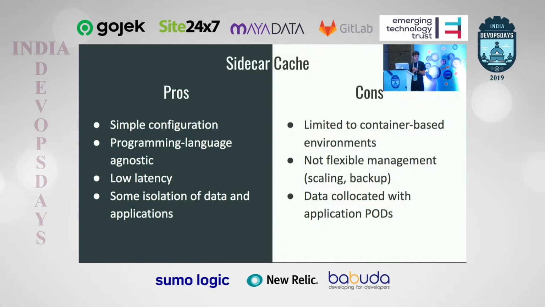From the downsides, it's limited to container-based environments, not only Kubernetes, because sidecar is not only in Kubernetes. The management, again, is not flexible because it scales up and down together with the application. And technically, the data is collocated with the application pod, so we have it in the same pod.